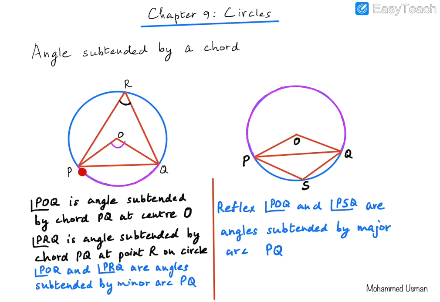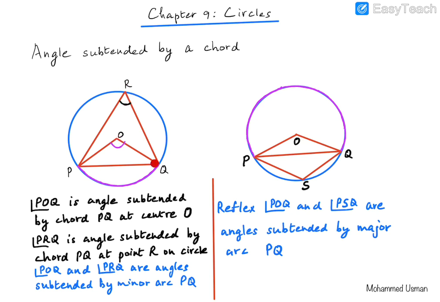This is called the minor arc, which I have highlighted in pink. These angles that I have marked here are the angles subtended by the minor arc PQ at the center as well as on the circumference of the circle.